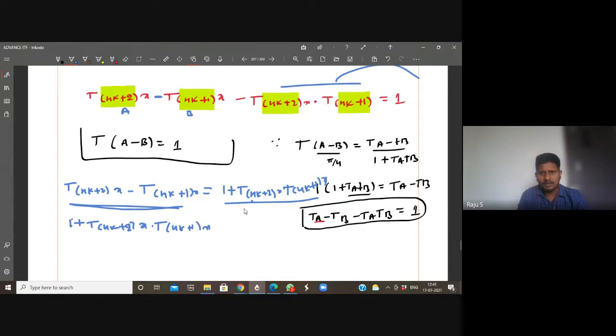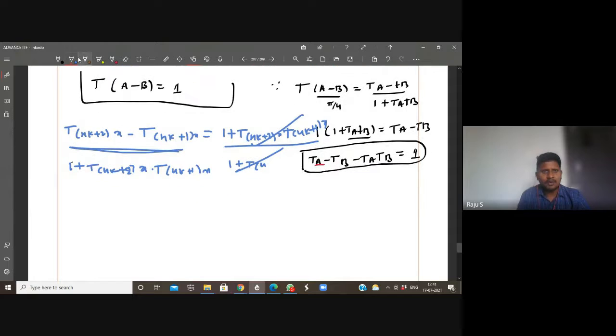When I cross multiply, 1 plus tan, same value, these two get cancelled. Left side is in the form of tan A minus tan B by 1 plus tan A tan B. Am I right? Shall I write tan of A minus B?